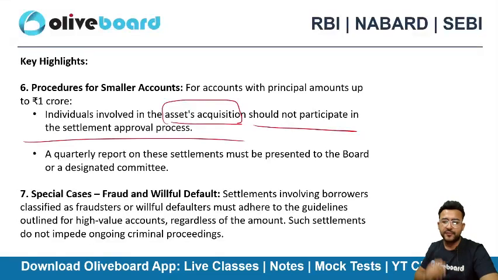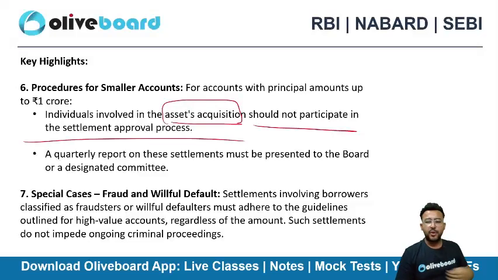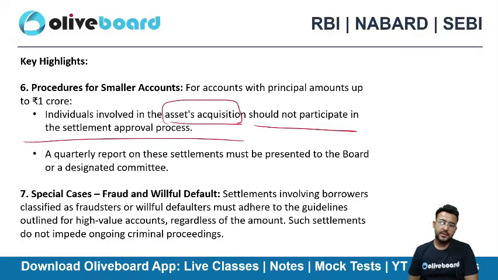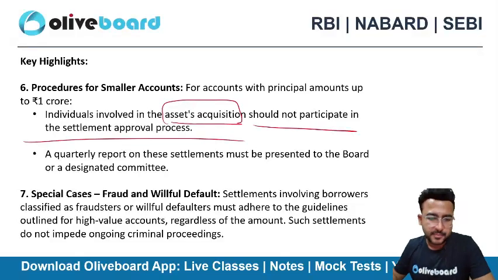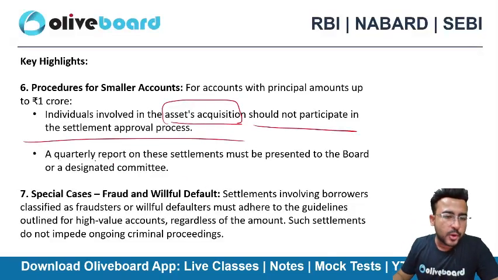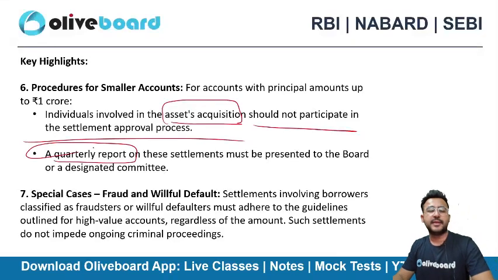Otherwise, this will be a kind of conflict of interest. There should be segregation of duty. Suppose I went to acquire the asset, right? Now I am the one getting the settlement done too, so I can definitely be involved in a kind of fraud, right? Or a conflicting situation. So an individual who has acquired the asset cannot be part of the settlement process, and there will be quarterly reports, right?